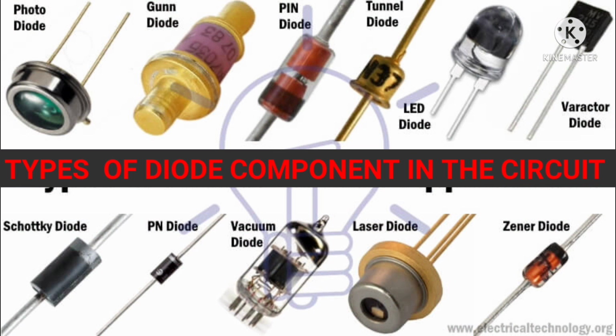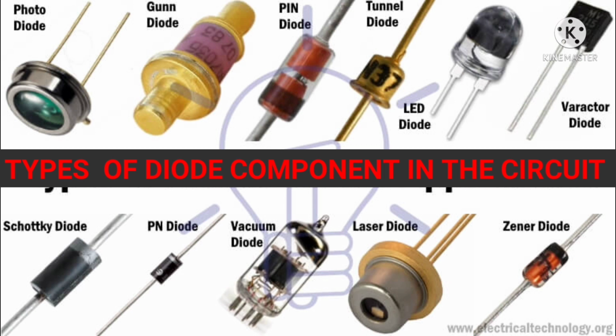These are the types of diode component in the circuit: the photodiode, Gunn diode, PIN diode, tunnel diode, LED, varactor diode, Schottky diode, PN diode, vacuum diode, laser diode, and the Zener diode used in the PCB boards of a component.